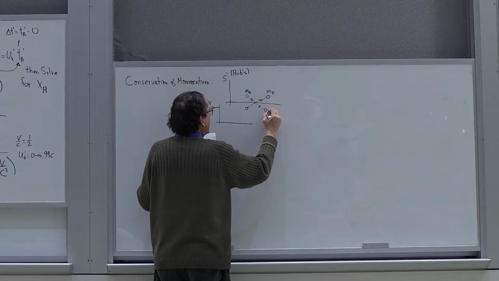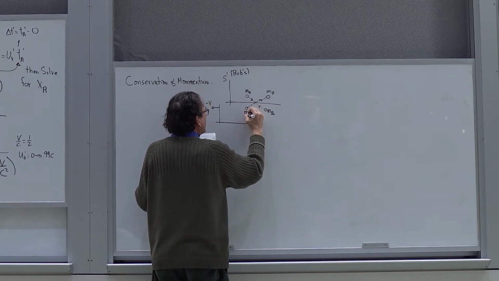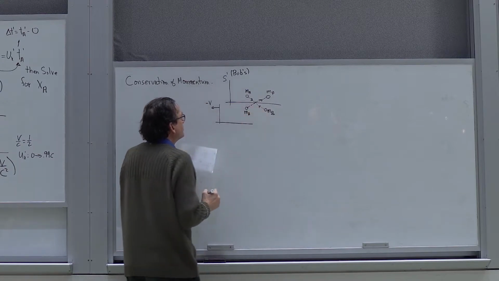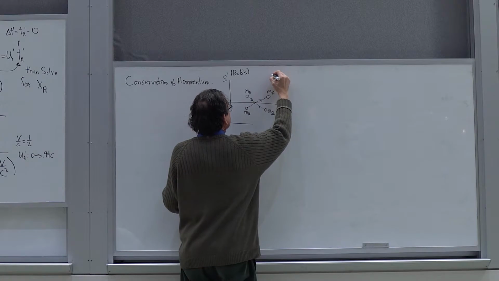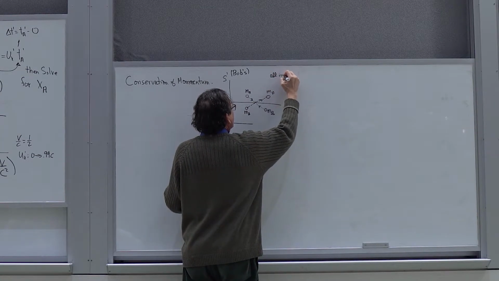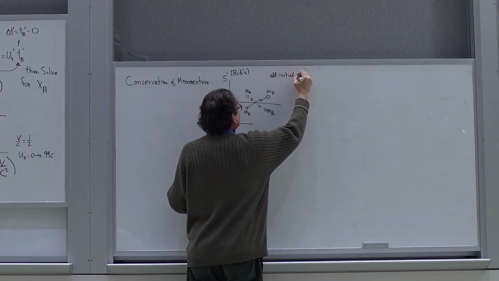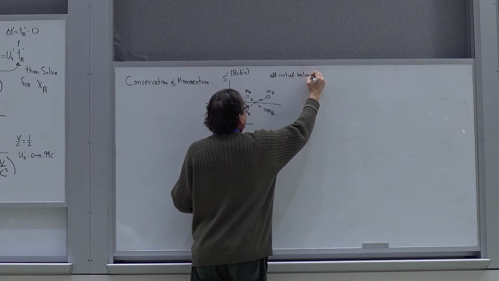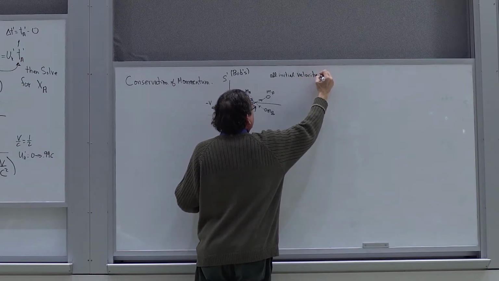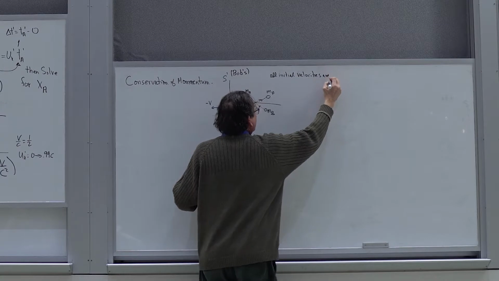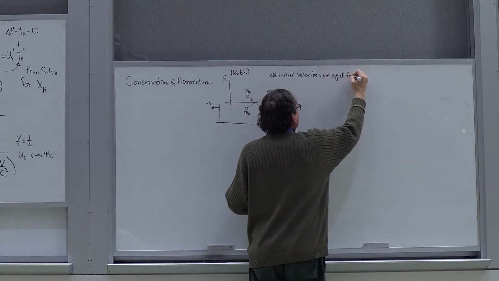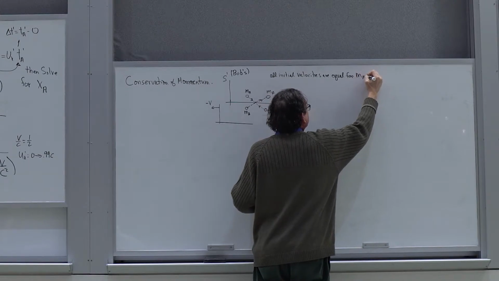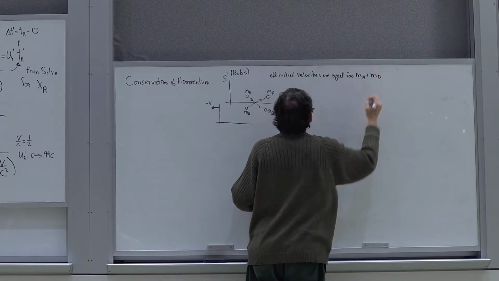Right? And we're going to choose a very simple type of problem where all the initial velocities are equal, for m sub a and m sub b.